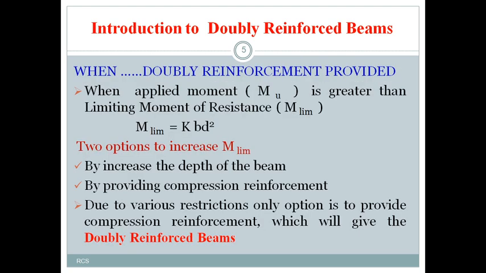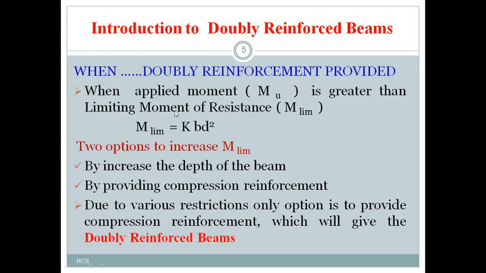Okay. Next we'll move to when we provide the doubly reinforced beam. The important parameter to evaluate whether you go for the singly reinforced beam or the doubly reinforced beam is this: due to the applied load, we can calculate the applied bending moment.